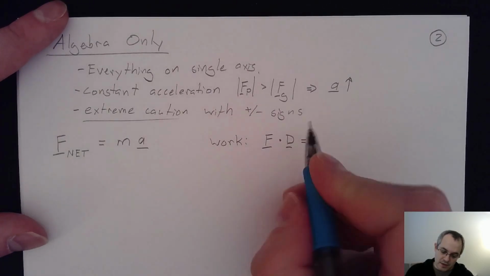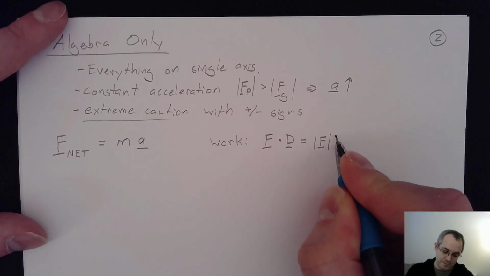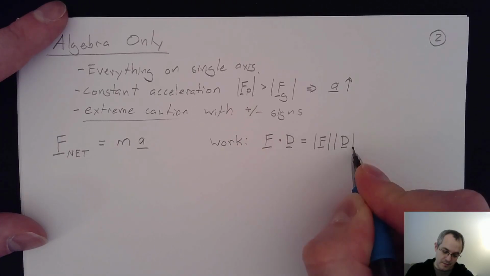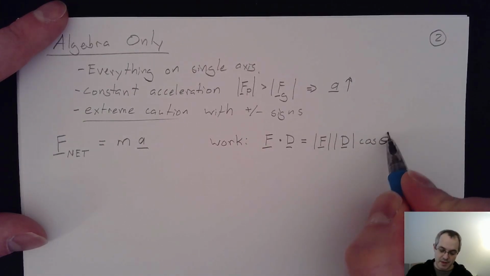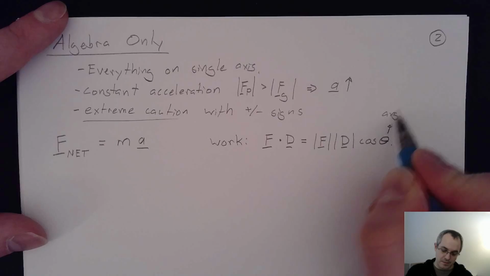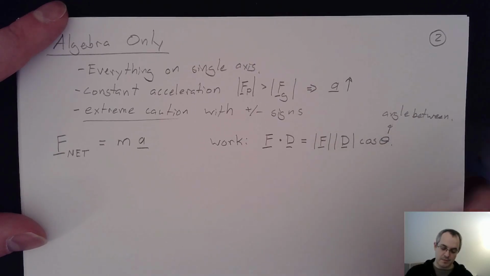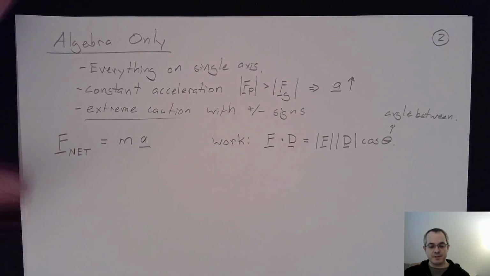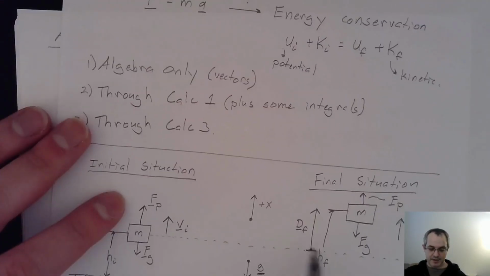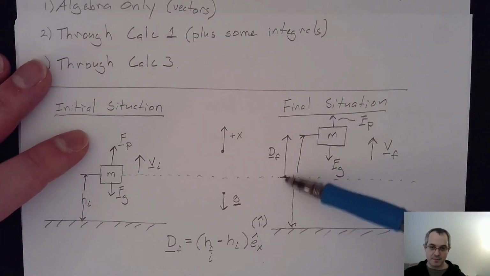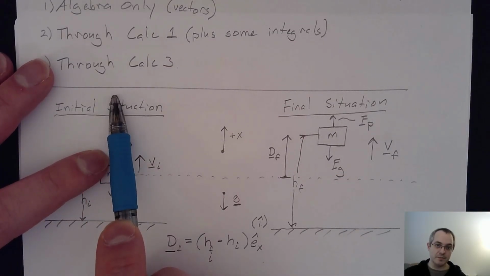Remember that this can also be written as the magnitudes of those vectors times the cosine of the angle between them. So this has to be the angle between them. In this case, our displacement is going up, and let's say Fp is also going up.